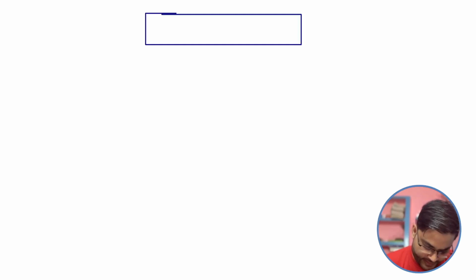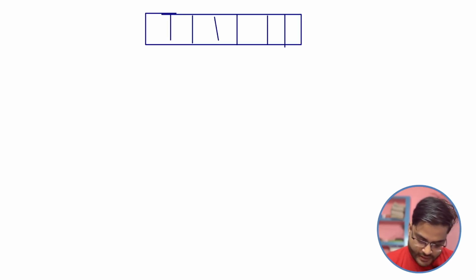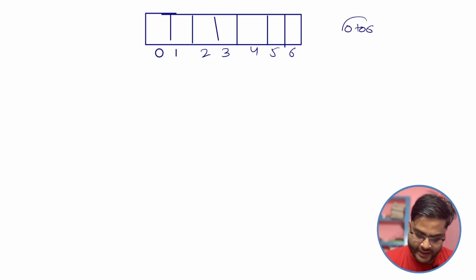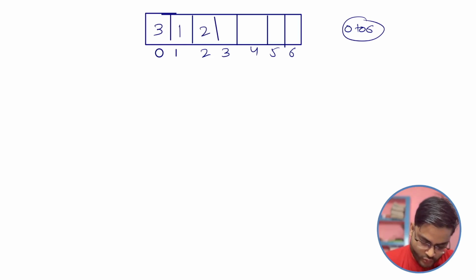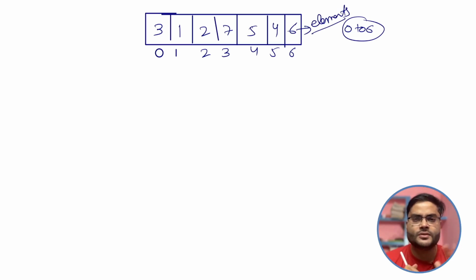Let's say we have an array. These are our elements, with indices 0, 1, 2, 3, 4, 5, 6. So we have 7 elements from 0 to 6. Let's take the elements 3, 1, 2, 7, 5, 4, 6. We can see these are not in sorted order.